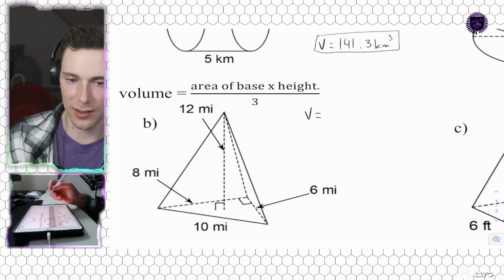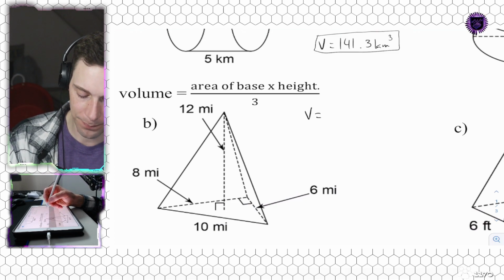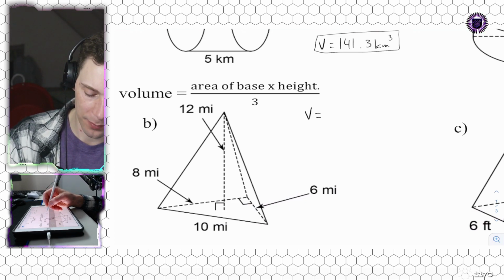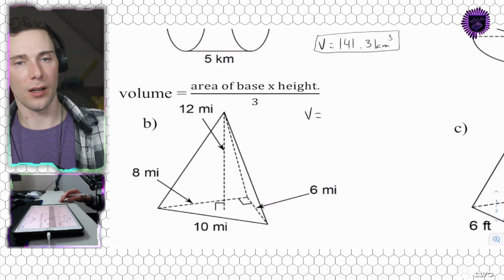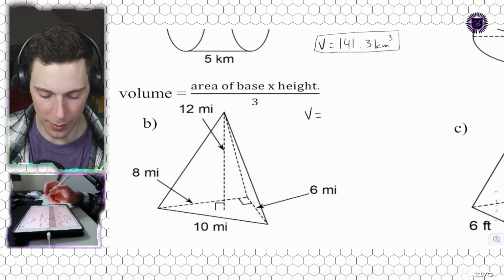In this case, the base is a triangle, so volume will be equal to, oh my gosh. How do I write this in a simple way?